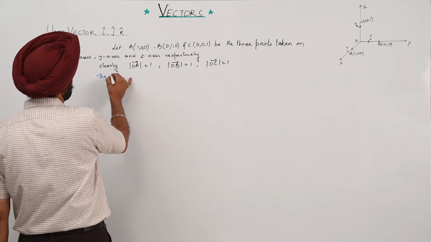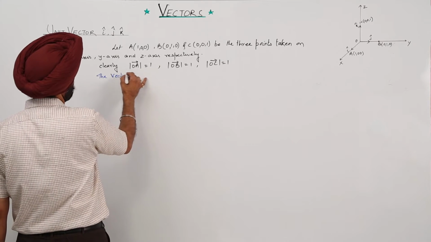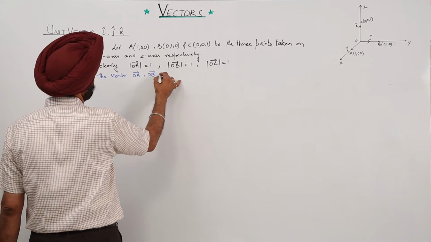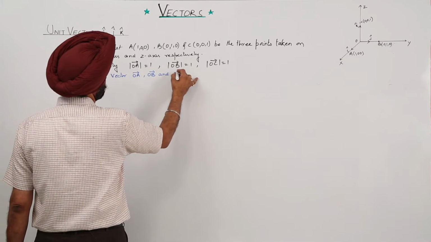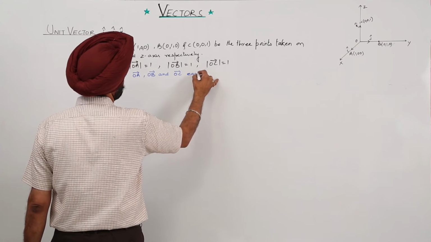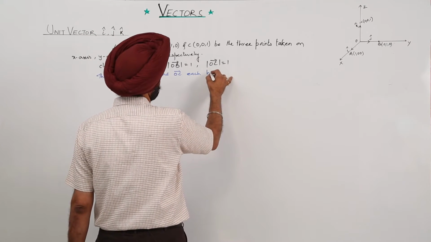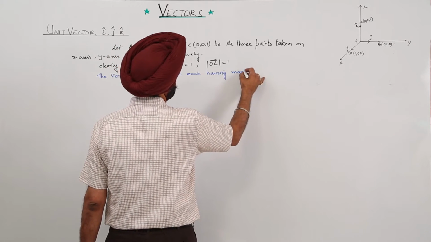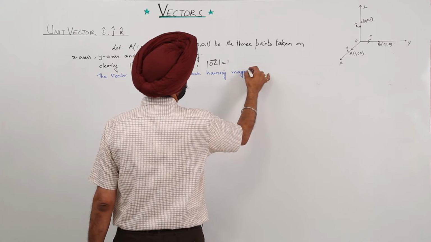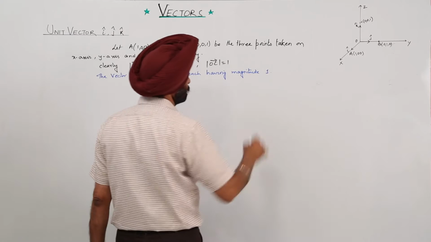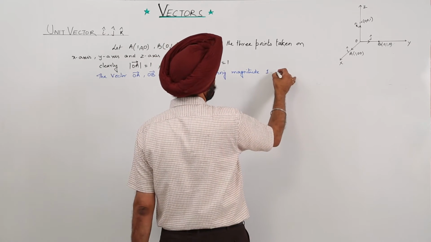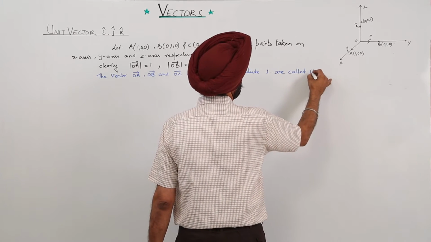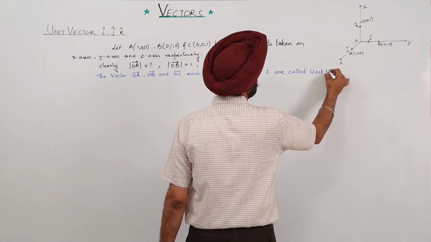Now the vectors OA, OB and OC, each having magnitude 1, are called unit vectors.